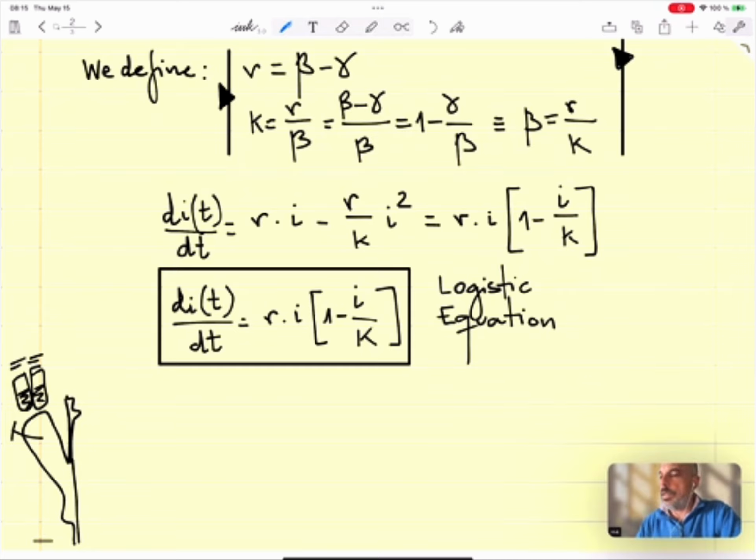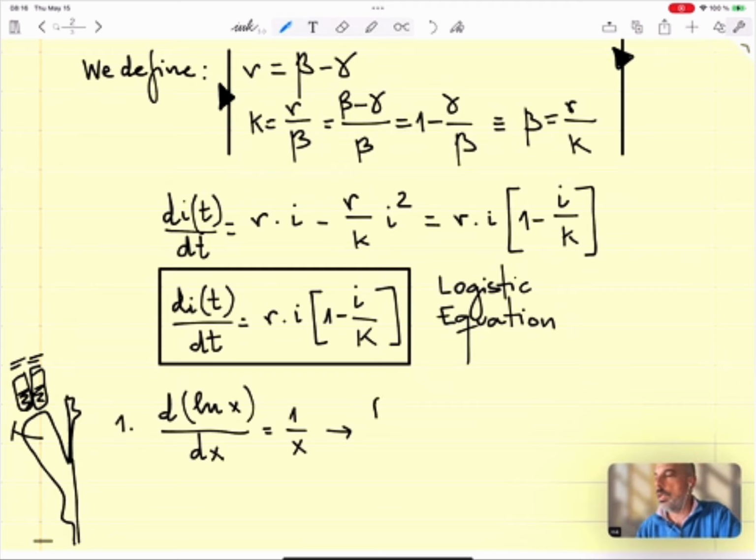The first thing is that the derivative of the logarithm of x is equal to 1 divided by x. As a result, the integral of 1 divided by x equals the logarithm of x plus a constant. Okay, that is the first one.